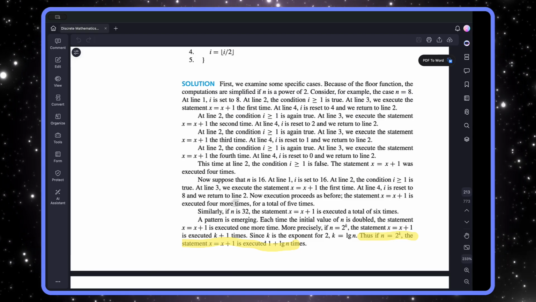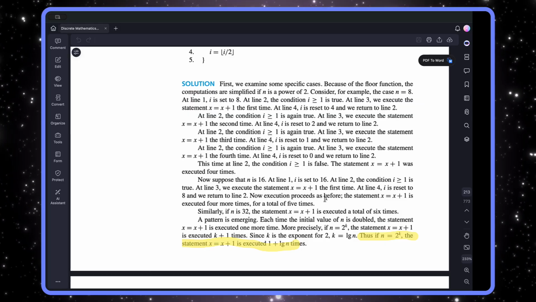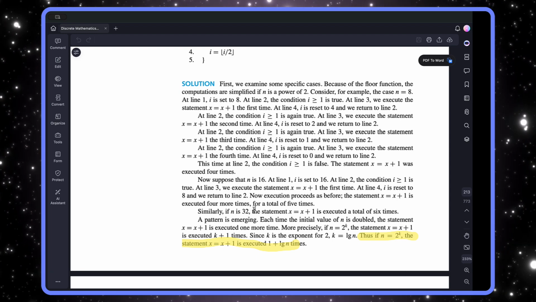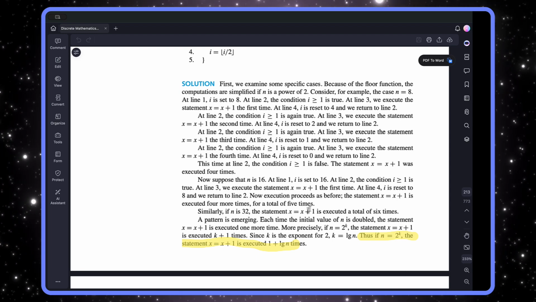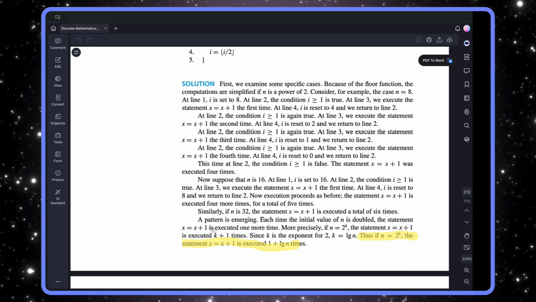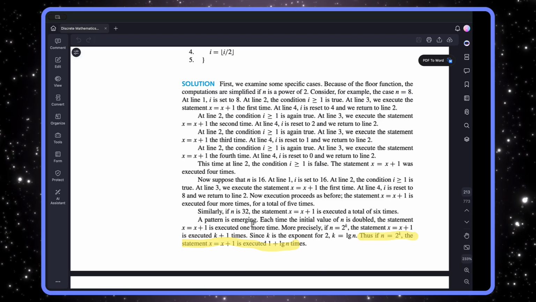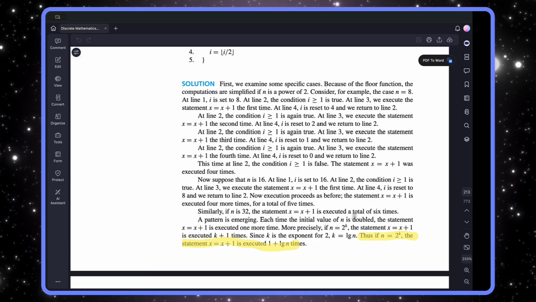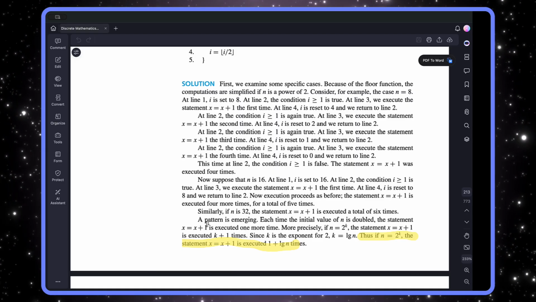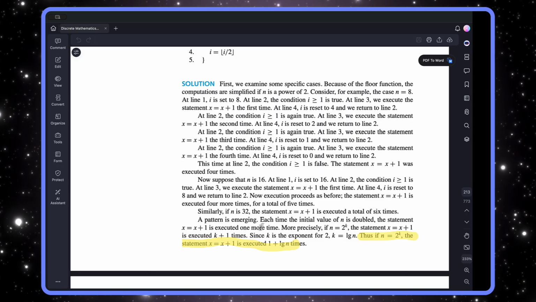You can see that it executes a total of 5 times, right? See that? 4, then 5 times. One more time each. So similarly for 32, the statement x equals x plus 1 is executed 6 times, right? So you have to see this pattern emerging: each time the initial value of n is doubled, the statement x equals x plus 1 is executed one more time.